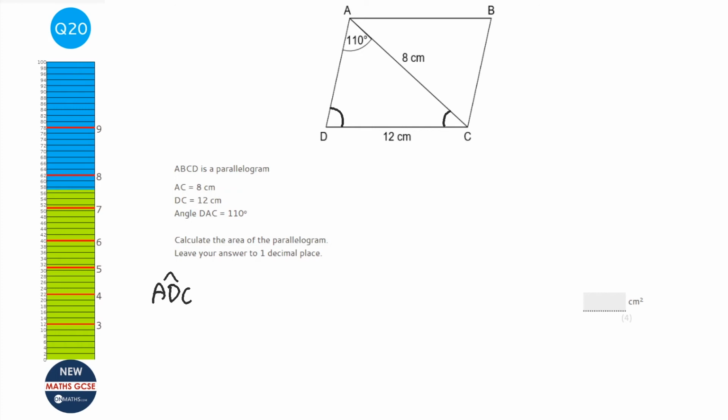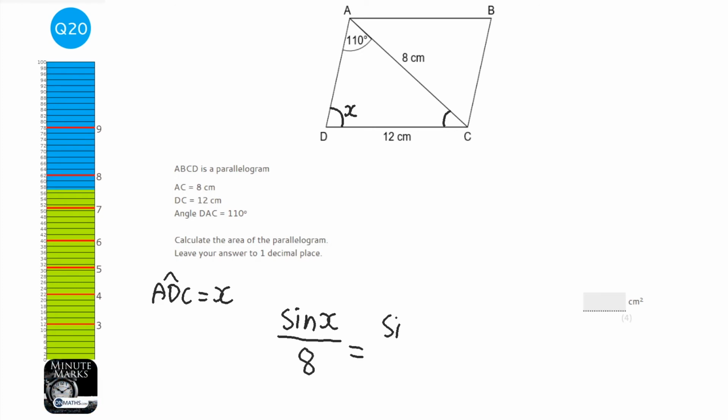Now to do that, let's call it X, so it's a bit easier to write. So I'm going to use the sine rule, and that says that sine X over 8 equals sine 110 over 12.